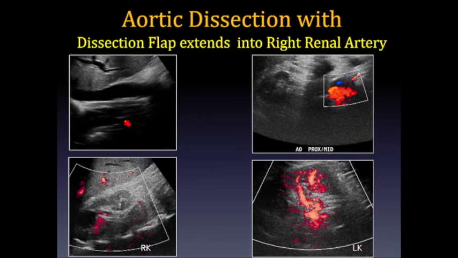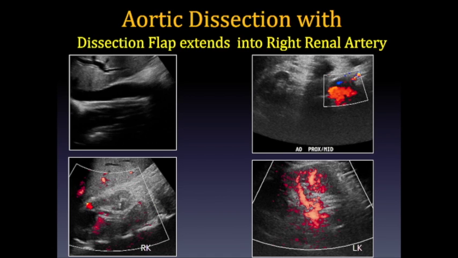In some cases, the dissection flaps will extend into the branch vessels, so it's very important to evaluate those vessels as well. And in this case, we have a dissection flap in the proximal abdominal aorta, best seen on color Doppler imaging in transverse view, when part of the false lumen is actually occluded.